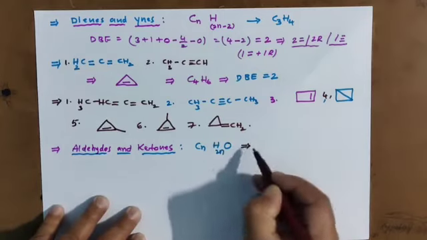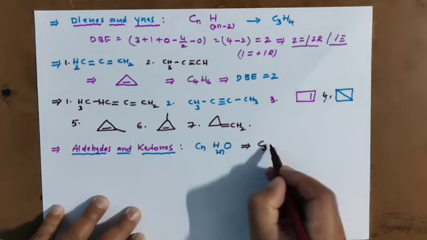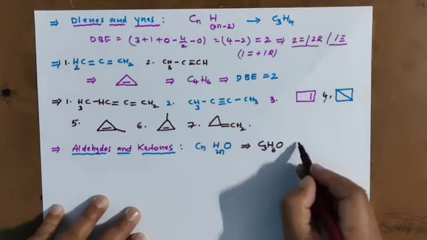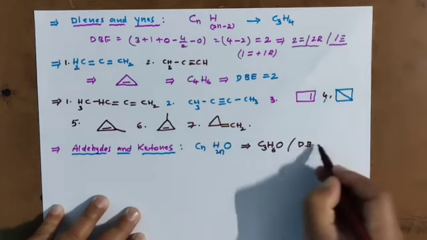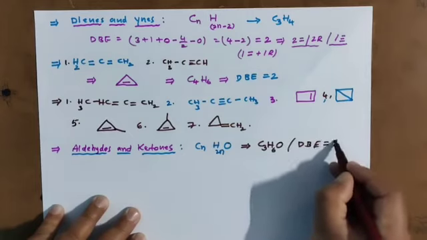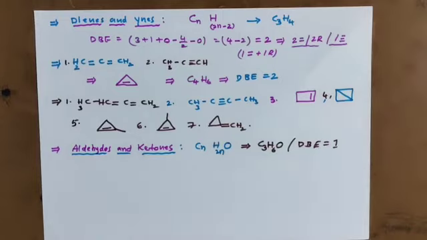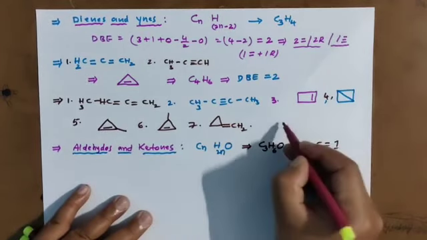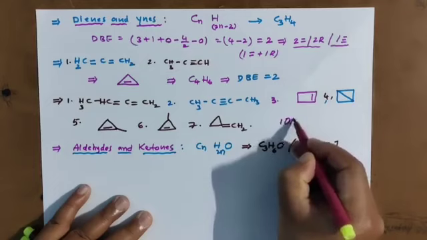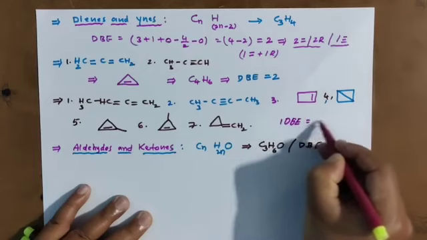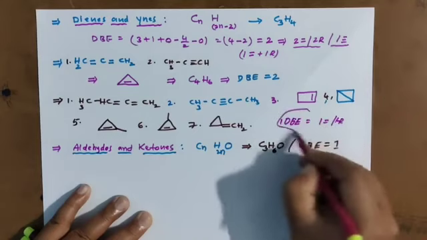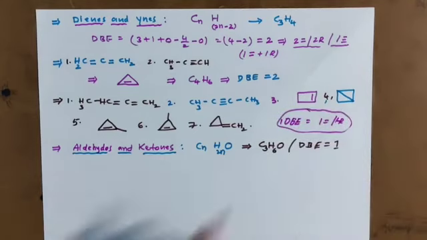For example, I am taking C3H6O, and you calculate the DBE for this. You get 1. 1 DBE means 1 double bond or 1 ring. Remember, 1 DBE means 1 double bond or 1 ring. This you have to remember.